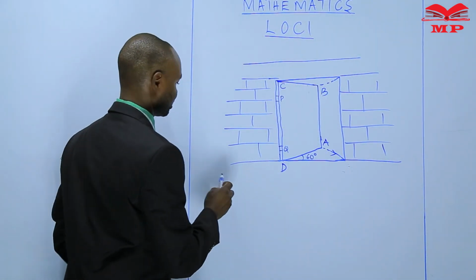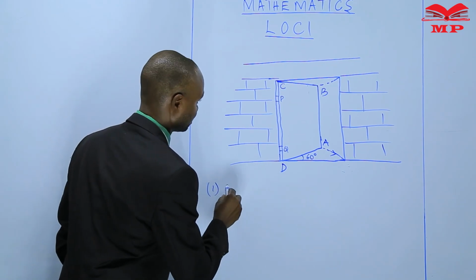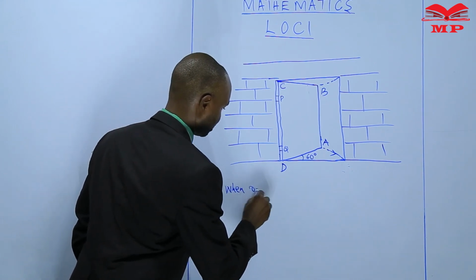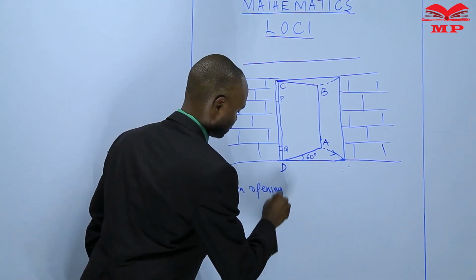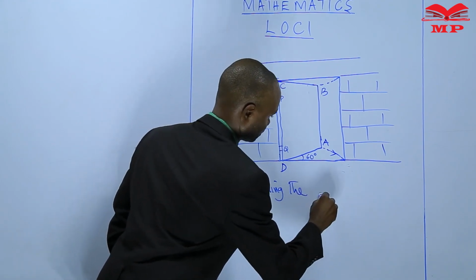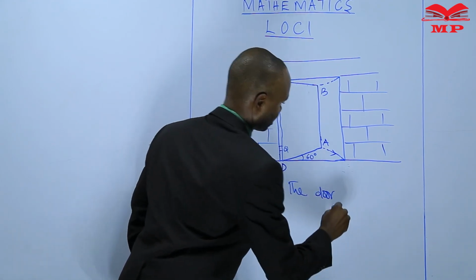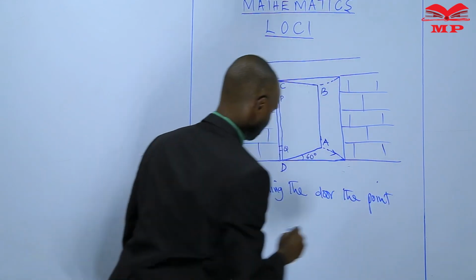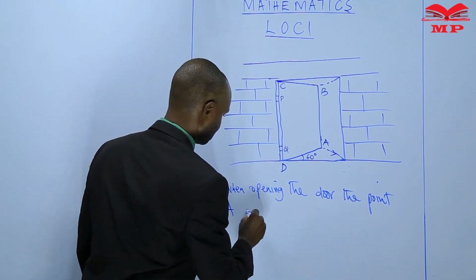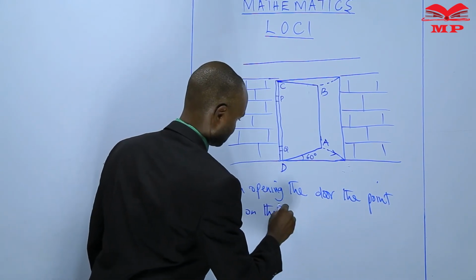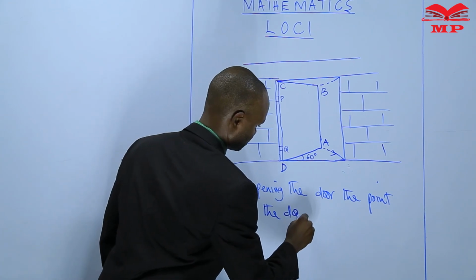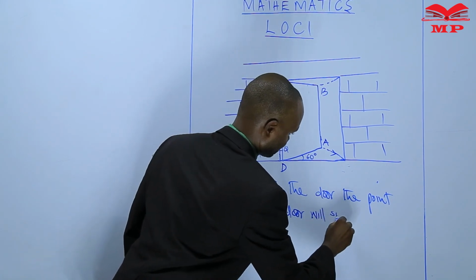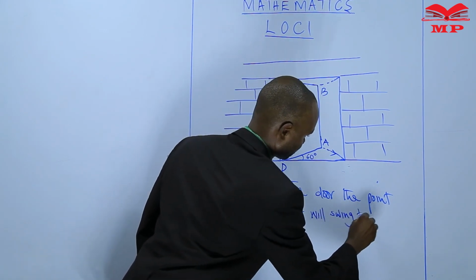So you can say, when opening the door, the point A on the door will swing through an arc.